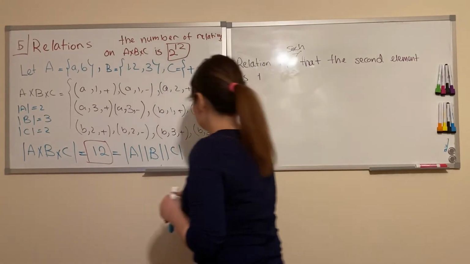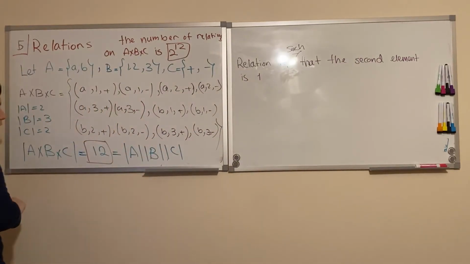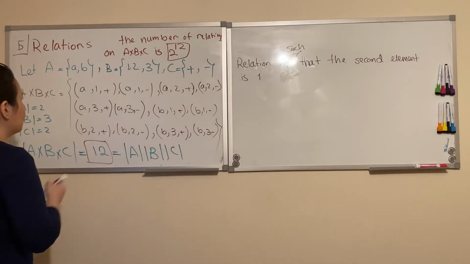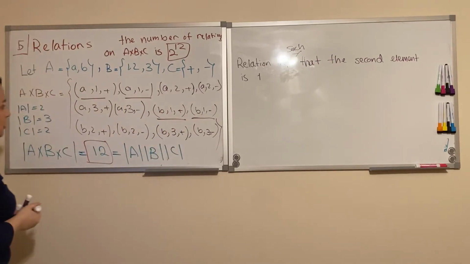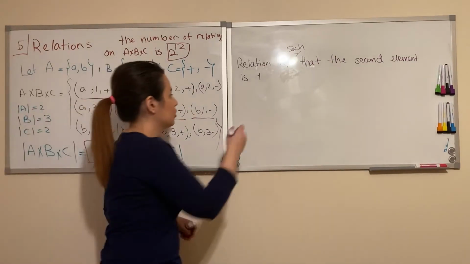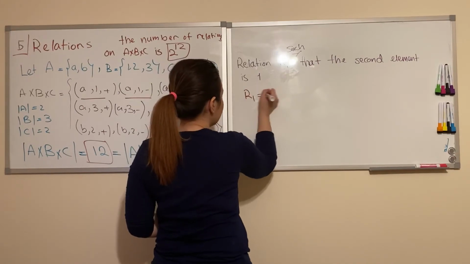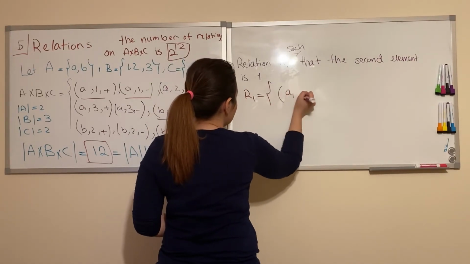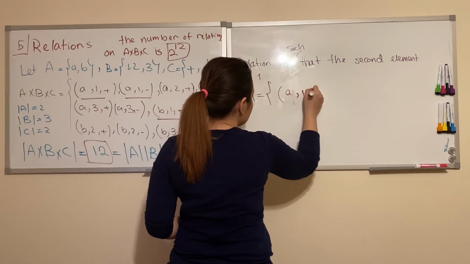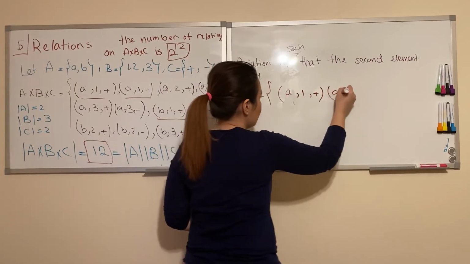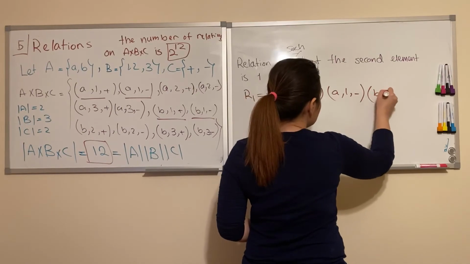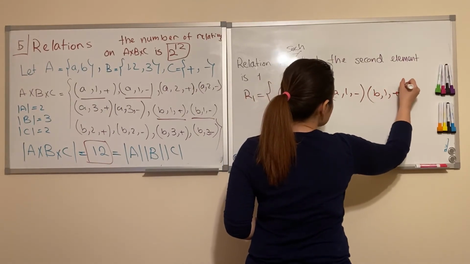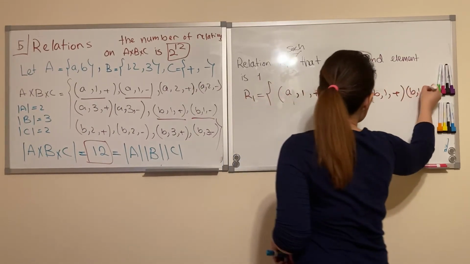So you see, actually this relation contains this, this, this, and this. So I can define R1 as a, 1, plus; a, 1, minus; b, 1, plus; and b, 1, minus.